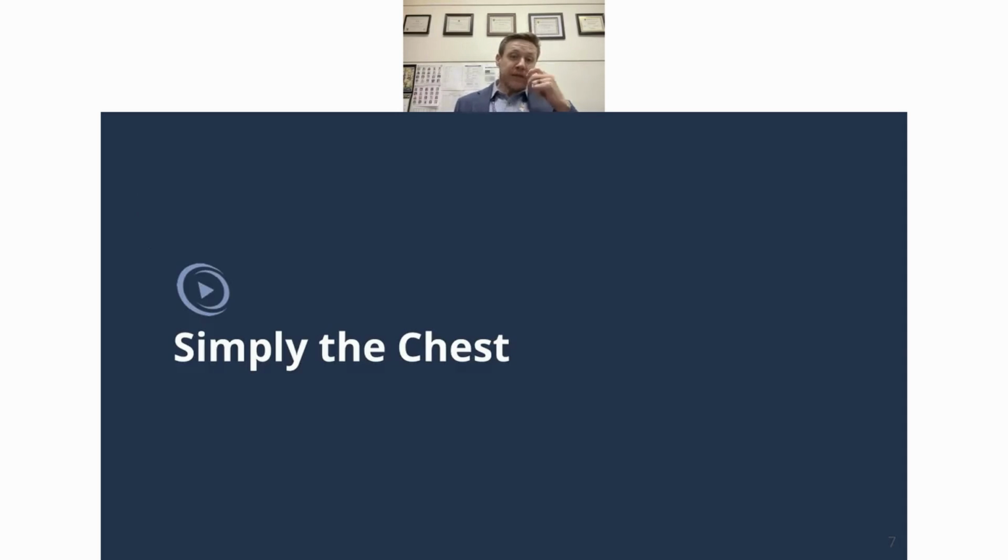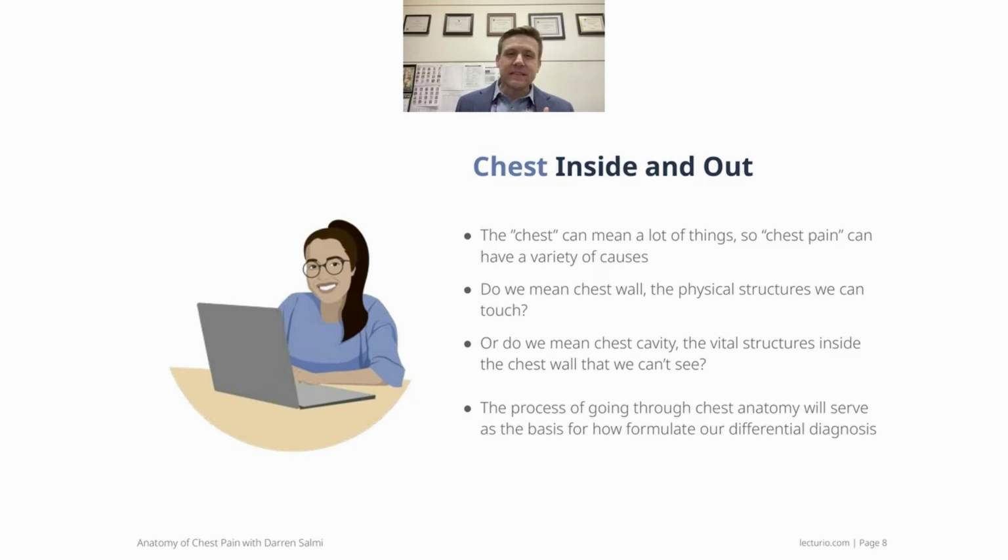So we're going to start with the chest. What does that even mean, right? That can mean a lot of things, especially to a patient who doesn't have the kind of training y'all are going to have when it comes to describing their pain. When they say chest pain, a kind of silly example, but not really: you might have a friend who does 100 push-ups in a row and says, I'm having chest pain.